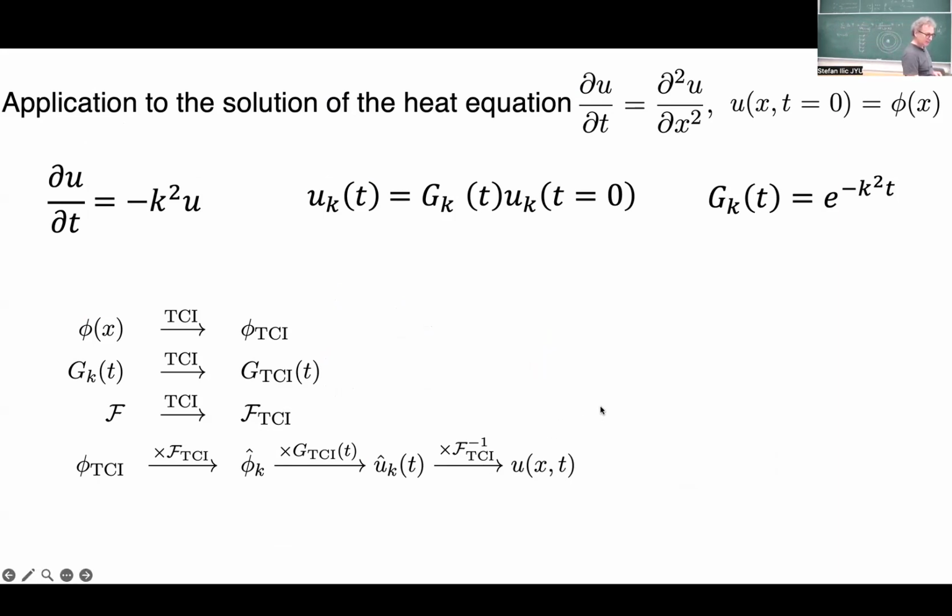Another one, simple diffusion equation. And that's a good opportunity for me to introduce the quantum Fourier transform. So I need to go back to the blackboard.